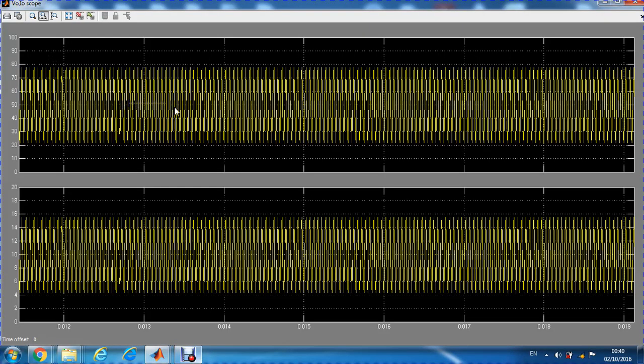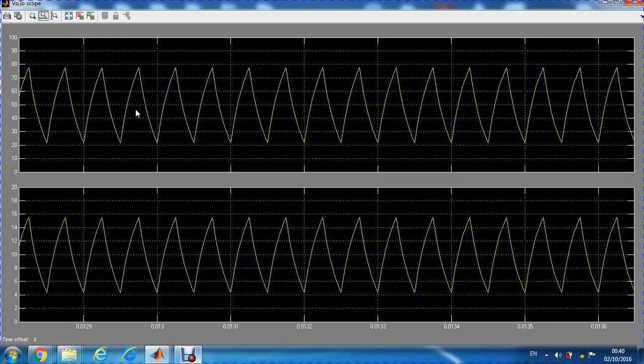Yes, great. Now, as you can see here, this is the voltage, and the maximum value has gone up to 75 and the minimum value down to 25, whereas the current has gone to 15 and the minimum value down to 5, which is a good achievement actually.